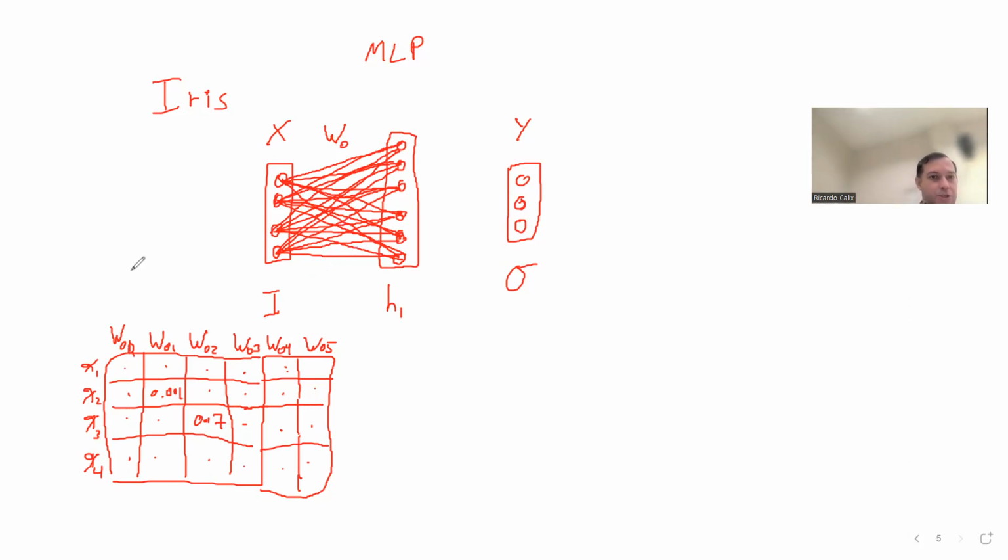So W0 is basically a matrix that we're going to learn. Then over here, these are also going to be connected. So I'm going to connect these. These connections just represent the values in that weights matrix. Then I'm going to do this one, and that just means fully connected.